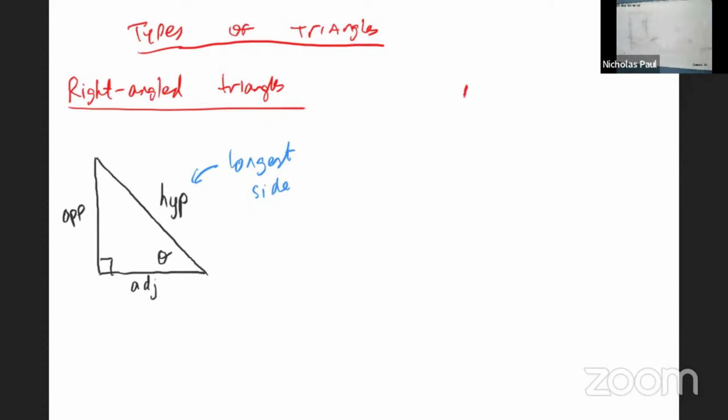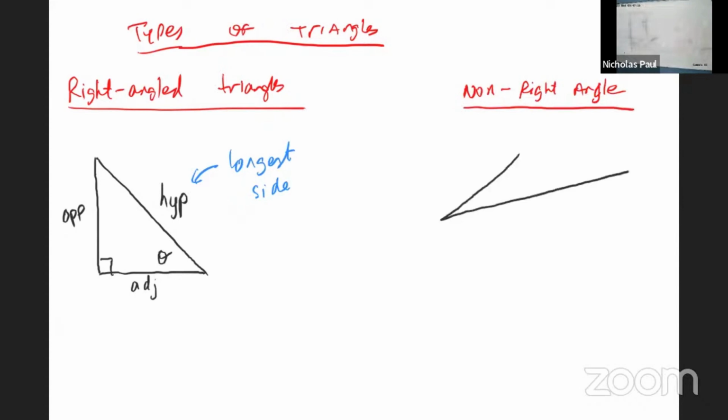Then you have your non-right angle triangle. I want to show you something with the labeling to make sure you understand how we label non-right angle triangles.